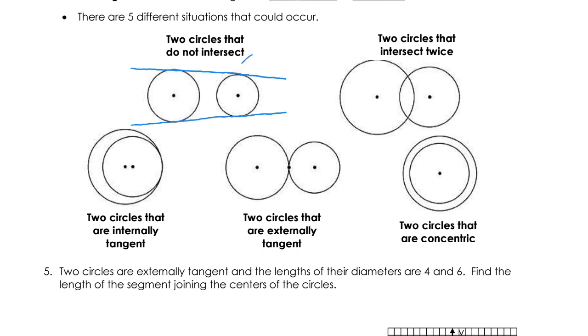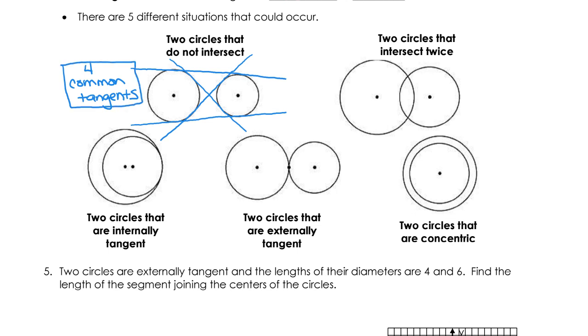For instance, that. And then the other one slants the other way. So 4 common tangents can be drawn if we have 2 circles that do not touch or intersect.